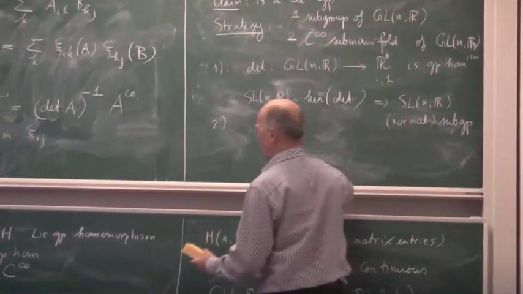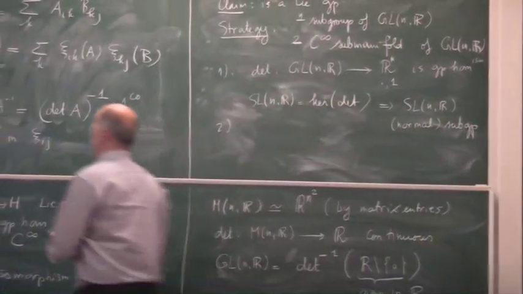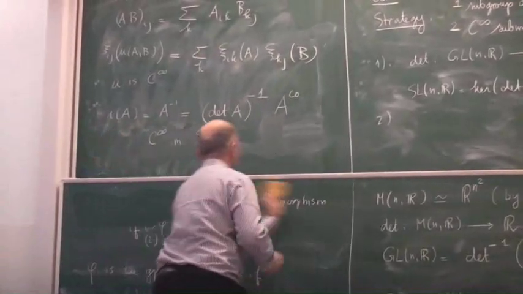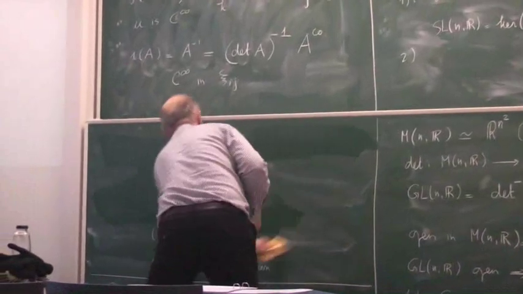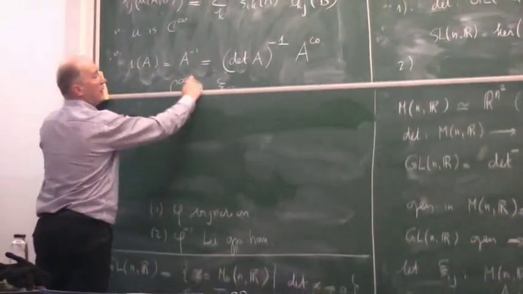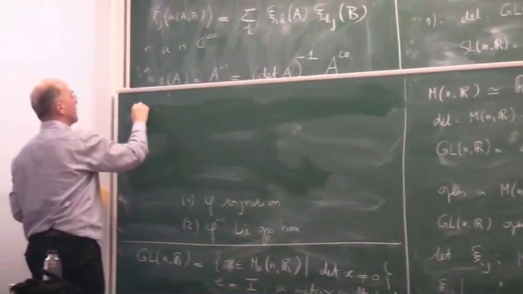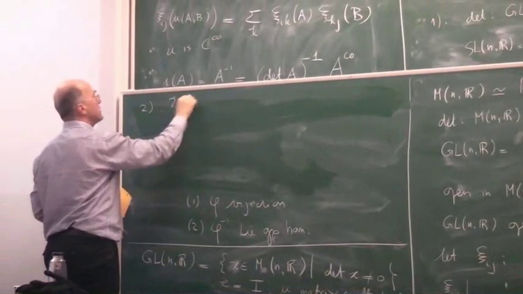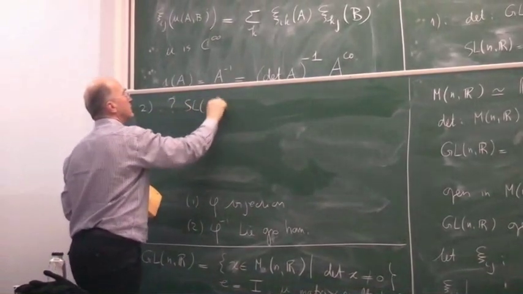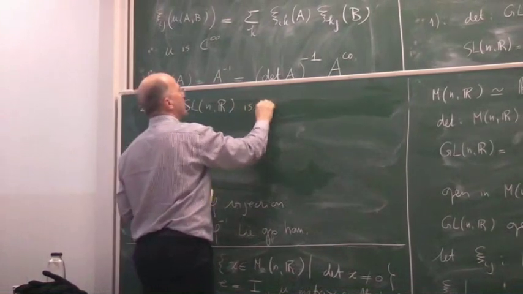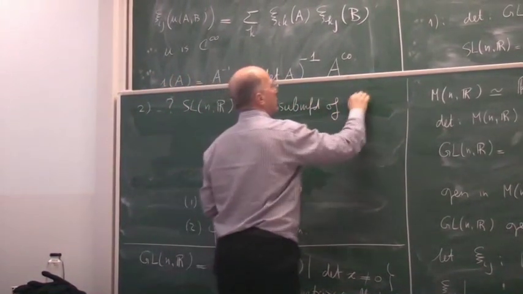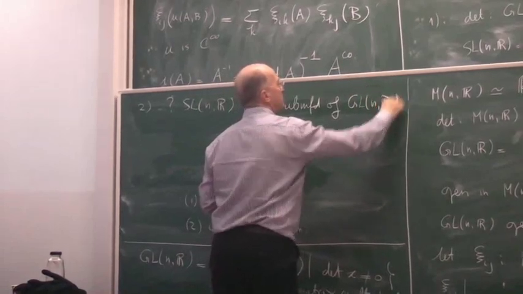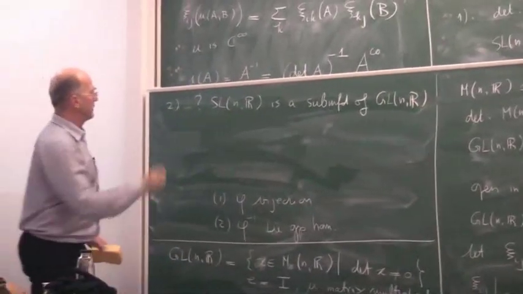So let's write this down in pictures. So we are with issue 2. The question is whether SL(n,R) is a submanifold of GL(n,R).